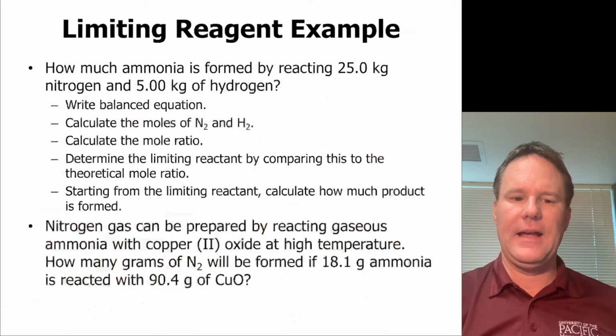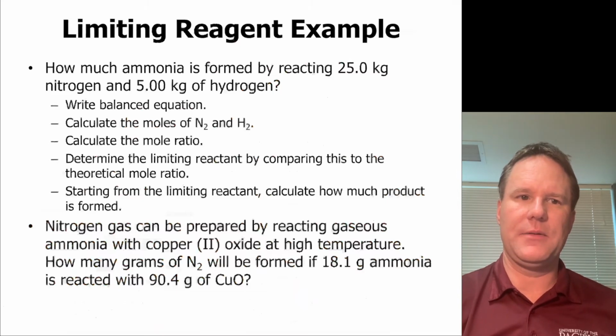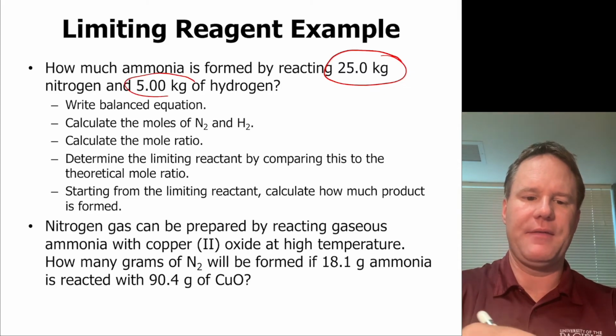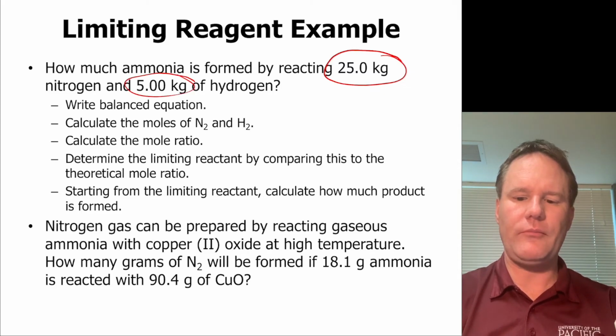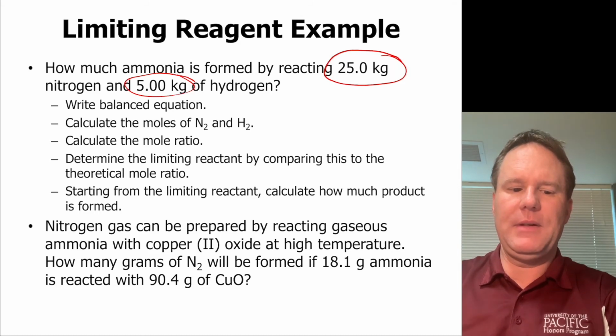Okay, now how do we do that? It's a little bit more complicated when we don't start out with a certain number of moles, but we start out with a certain mass. So let's say we react 25.0 kilos of nitrogen with 5 kilos of hydrogen. Which one would be the limiting reactant?